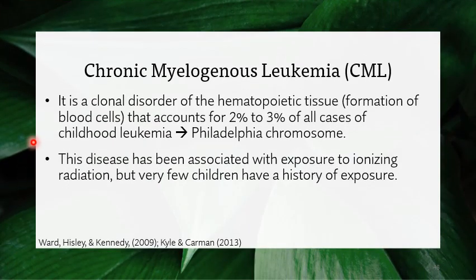Next, if the patient is in remission, healthy, healed, that's good. But if the patient relapses, then we can have chronic myelogenous leukemia. The hematopoietic tissues account for these conditions in childhood leukemia, where we have what we call the Philadelphia chromosome. This Philadelphia chromosome is the one causing chronic myelogenous leukemia.